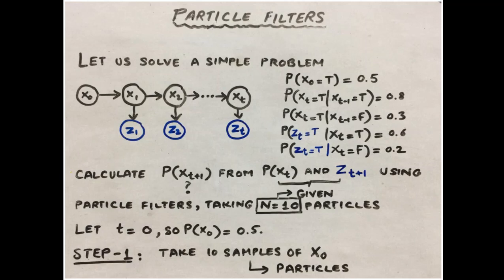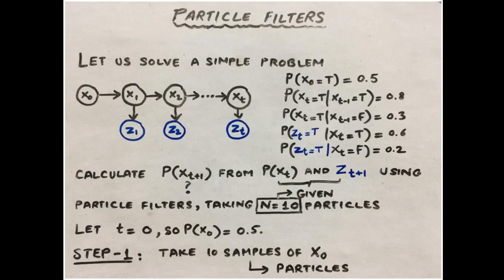So x1 represents the value of the state variable at time t1, and x2 represents the value of the state variable at time t2. And z represents the sensor output. So z1 represents the sensor output at time t1, and z2 represents the sensor output at time t2.